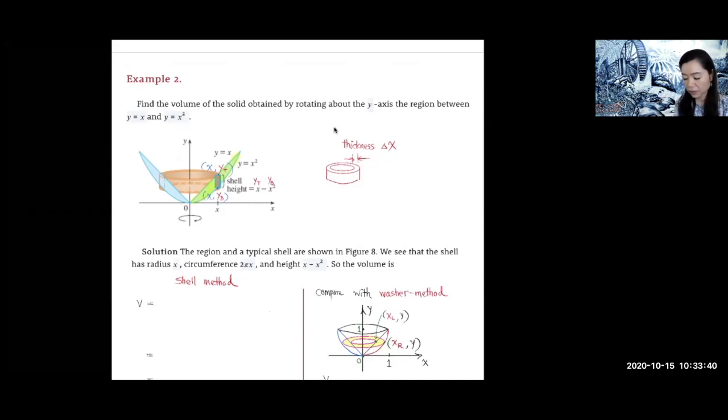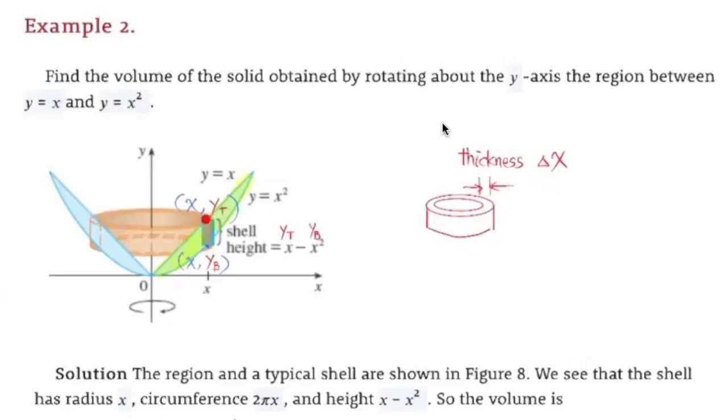So we're going to use the shell method. Draw a nice segment that is parallel to the y-axis and make it a thin rectangle. When you rotate about the y-axis, you get this thin shell over here. Let's label this point x comma y t, the y coordinate on top.